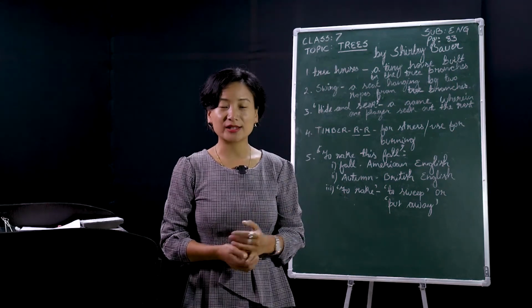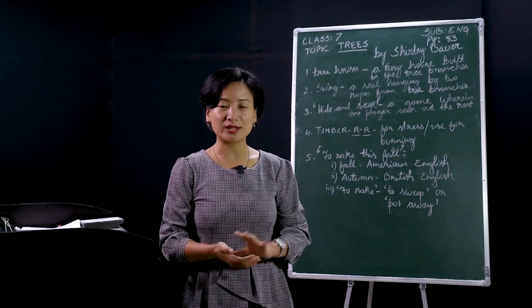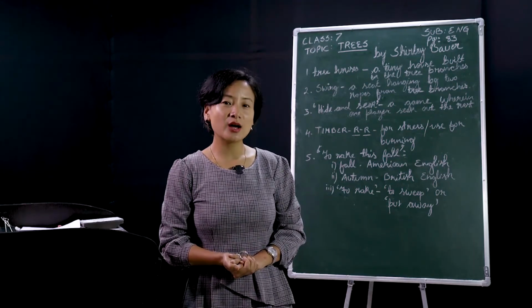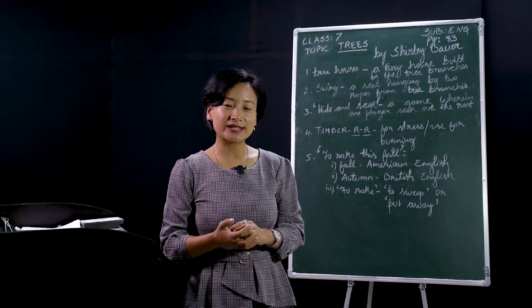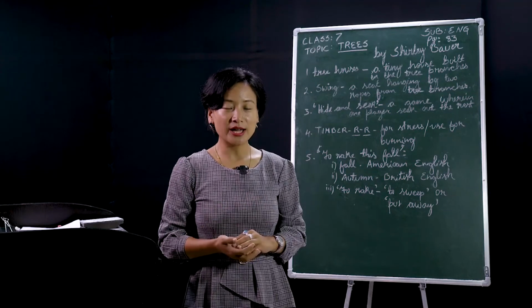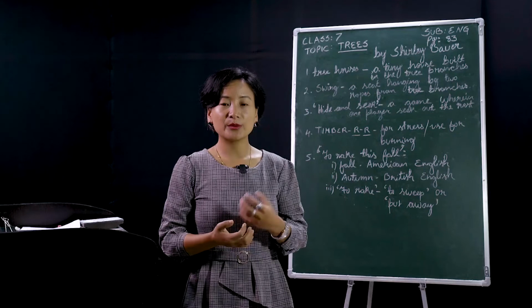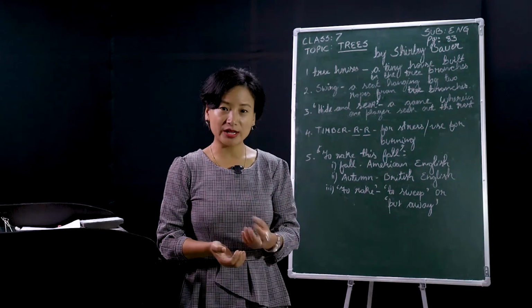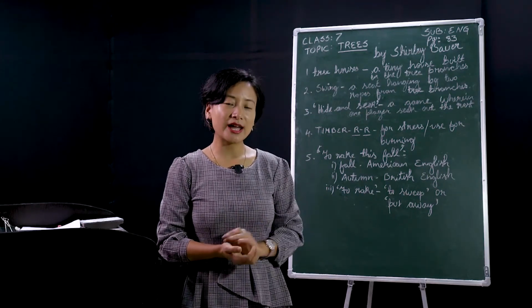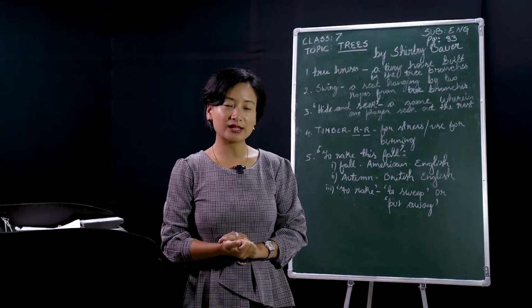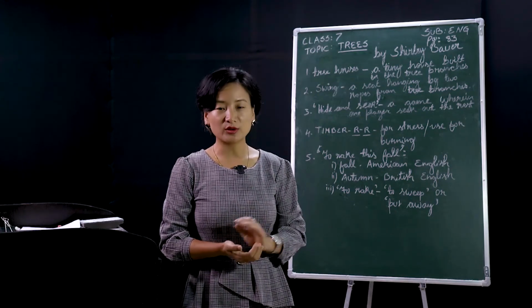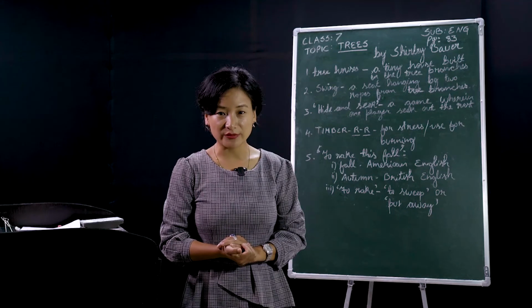We can also make a swing out of it. All those things we took for granted, right? So it helps us to understand and appreciate trees more. It does not only give us basic things such as pure air to breathe, but so many other things. And the poet also made us think about chopping down of trees and using them for timber.